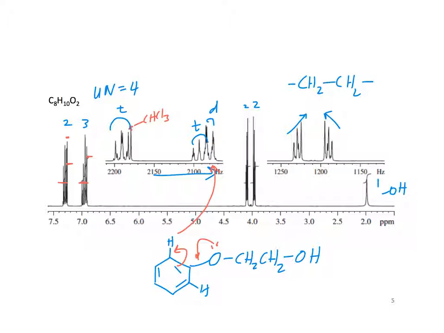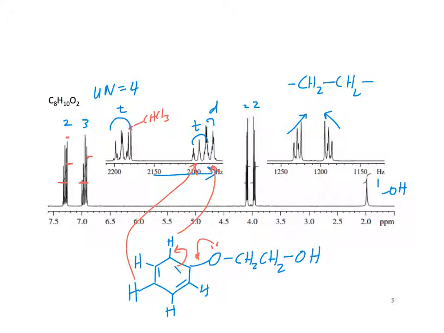So which other signal should be more upfield? The para, because we can push the electron density around to the para position. So this one would be this triplet, because it's coupling to a proton on each side.